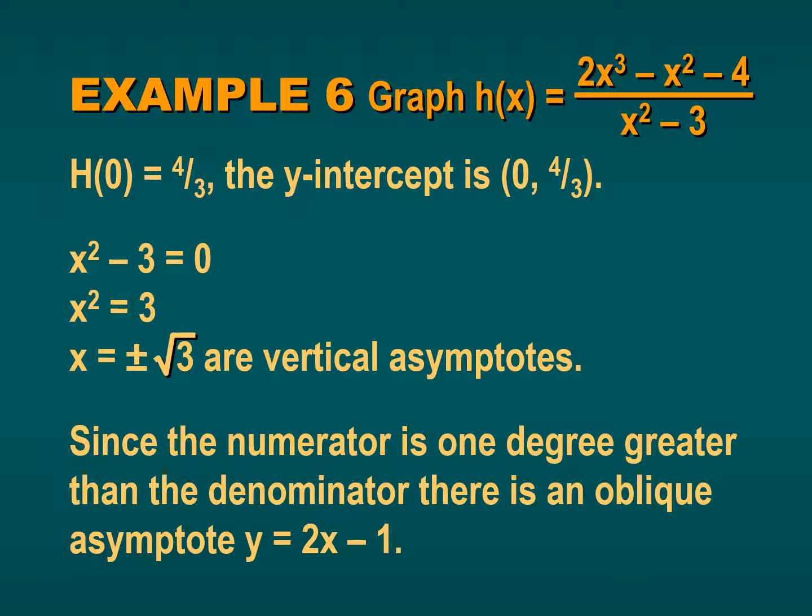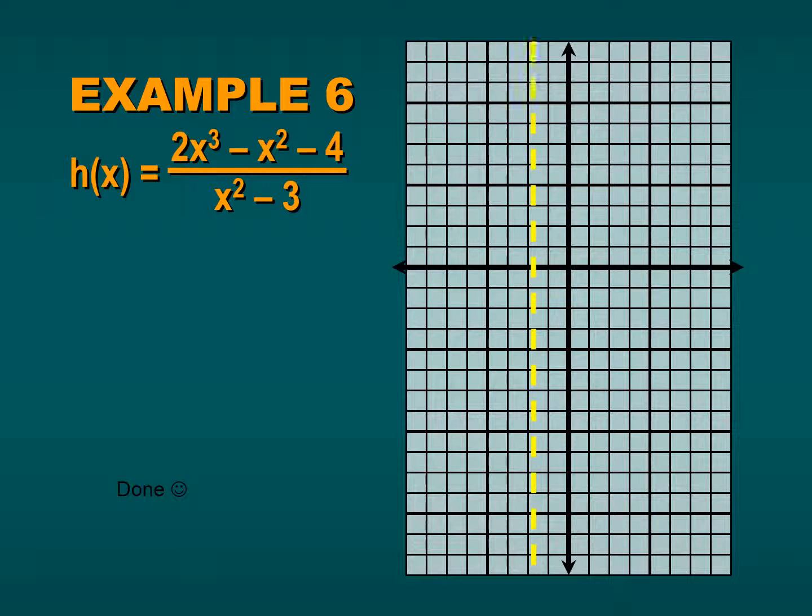So we're going to graph 2x minus 1, but instead of graphing it with a solid line, we're going to graph it with a dashed line to show that it's an oblique asymptote. So again, here are our vertical asymptotes. Here's our oblique asymptote. And then there is our graph.